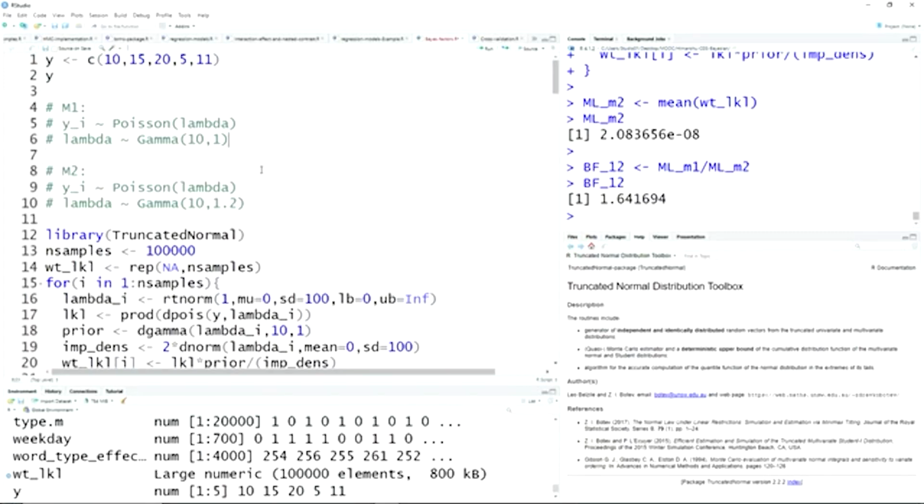Let us say model 1 assumes that lambda is equal to exp of alpha plus beta times vacation_i, whether the ith day is a vacation day or not.